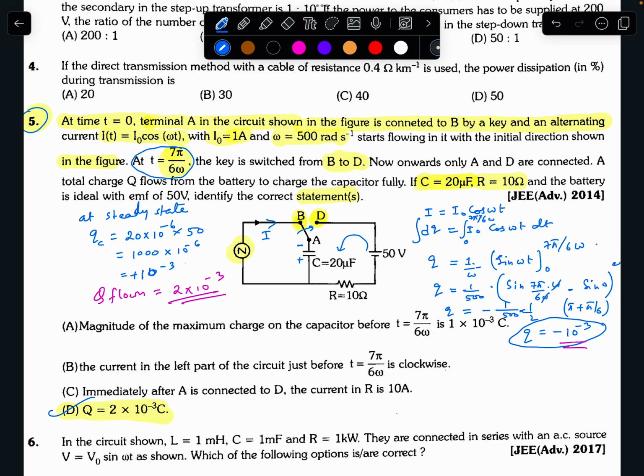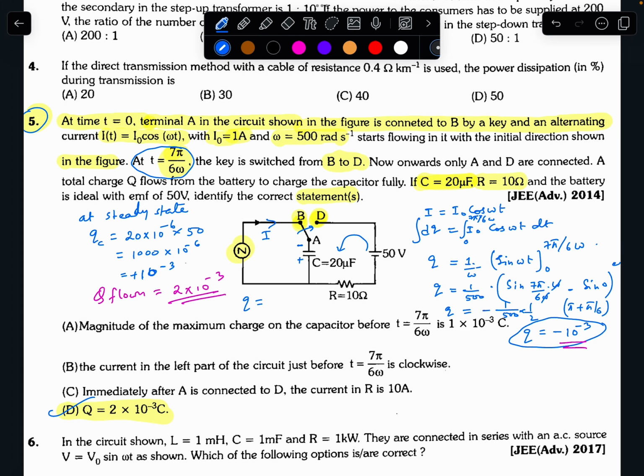We'll see about the other options also. The magnitude of maximum charge on the capacitor before t equal to 7 pi by 6 omega is 1 into 10 to the power minus 3. So I think this is wrong, because I got q as a function of time.